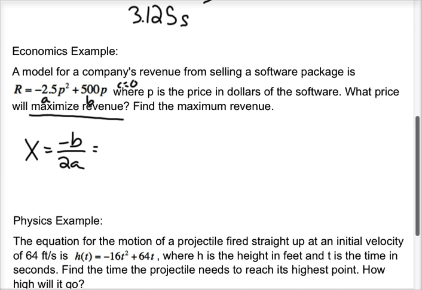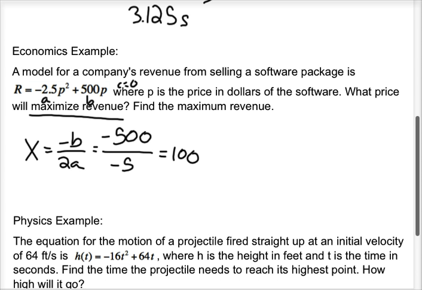So negative B, negative 500 over 2 times A. Well, 2 times negative 2.5 is negative 5. So I get 100. So that's telling me that my maximum revenue will occur when the price is $100.